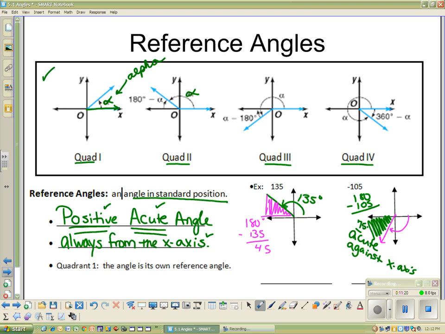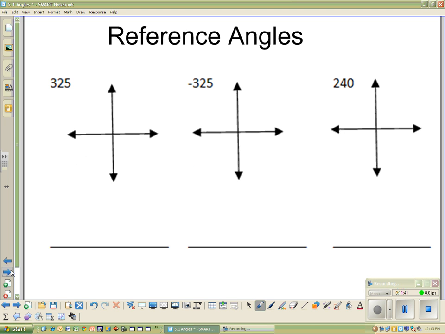So this one has a 75 degree reference angle, and that first one had a 45 degree reference angle. It's just another way of expressing angles according to a positive acute angle. It has to do with our trig functions, and it'll make more sense once we get more deeply involved with the trig values.